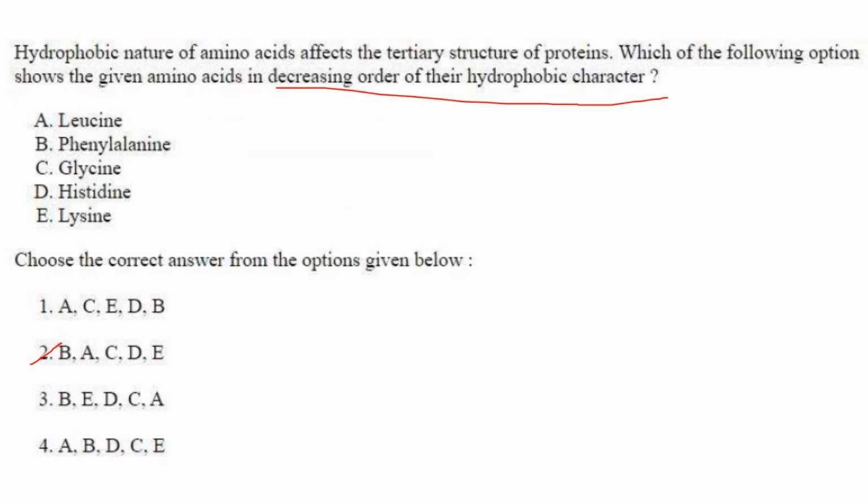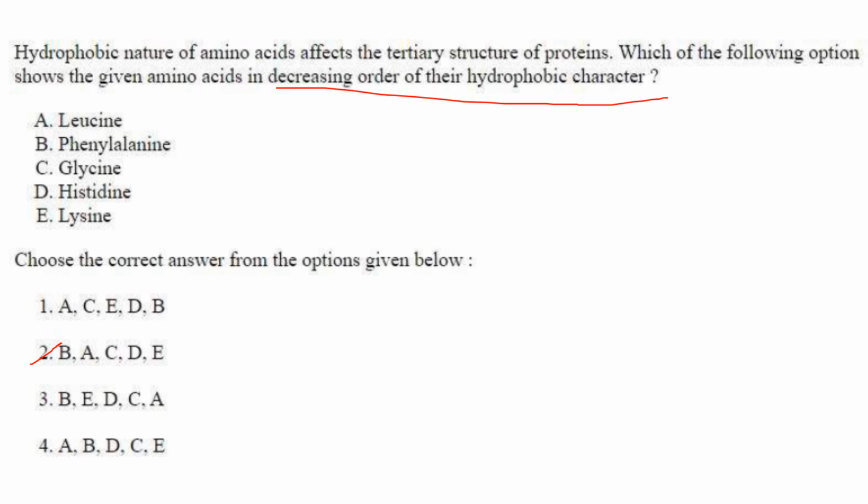Then next one. Hydrophobic nature of amino acids affects the tertiary structure of protein. Which of the following options shows the given amino acids in decreasing order of their hydrophobic character? So the least hydrophobic is lysine. Histidine is hydrophilic.